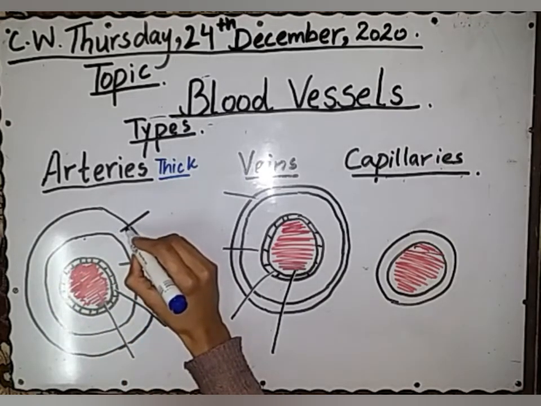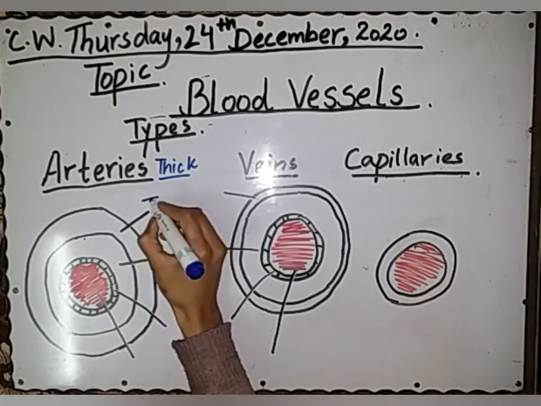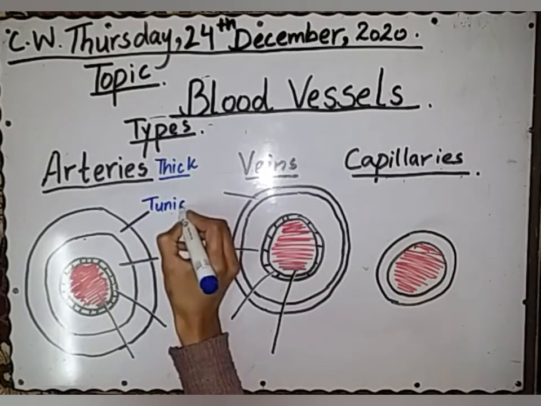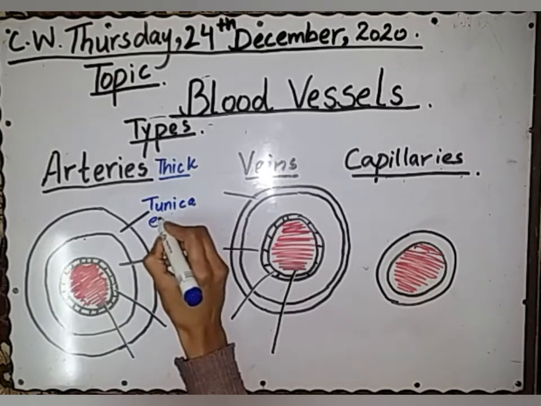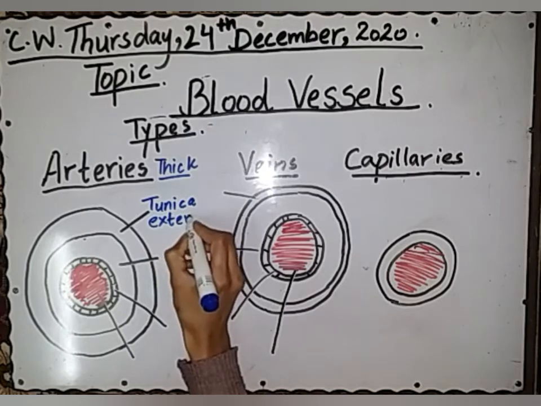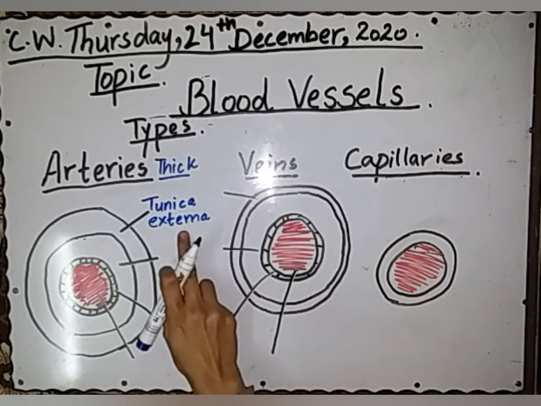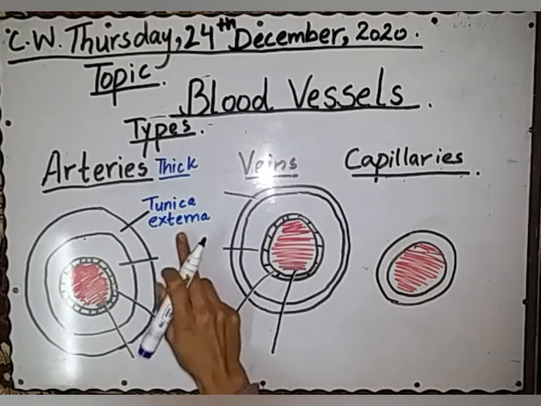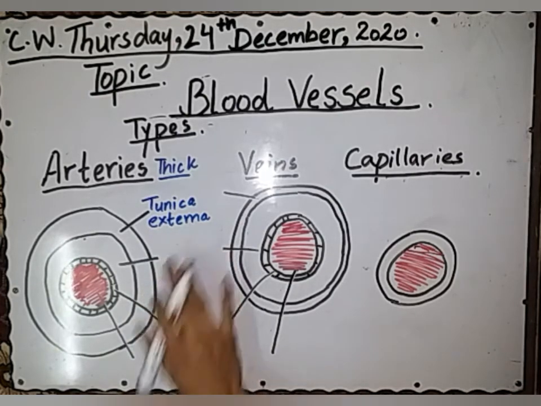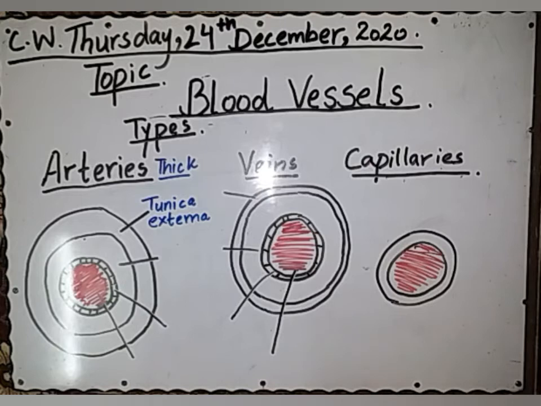The outer wall present in the artery is the tunica externa. Tunica means membrane and externa means external. So the external membrane is known as tunica externa.